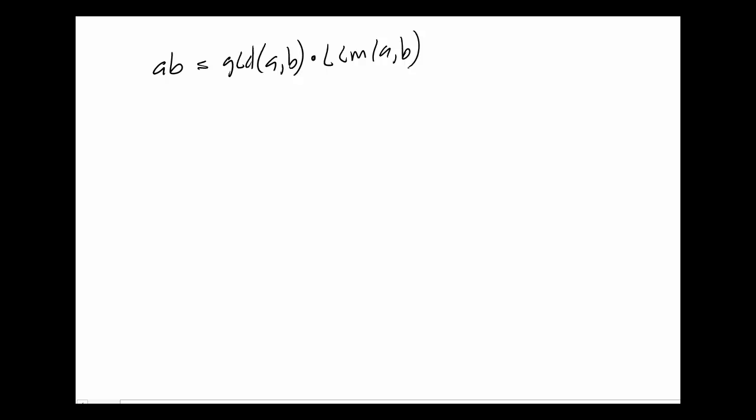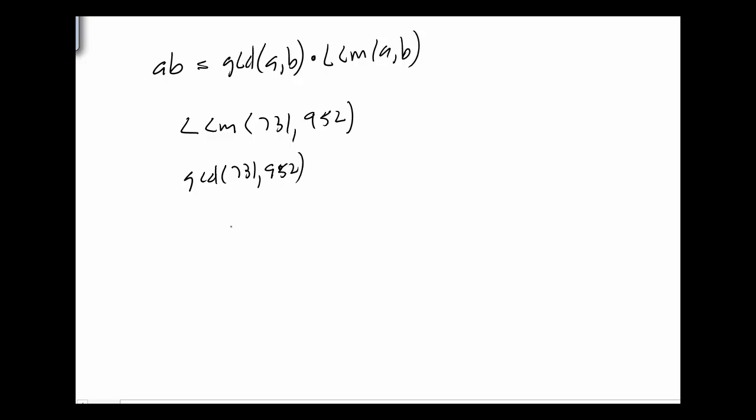Okay, so let me give us two numbers that we can do this on. So I want to find the LCM of 731 and 952. Okay, already kind of on the big side, and I want to sort of speed this process up. So let me start by finding the GCD of 731 and 952.